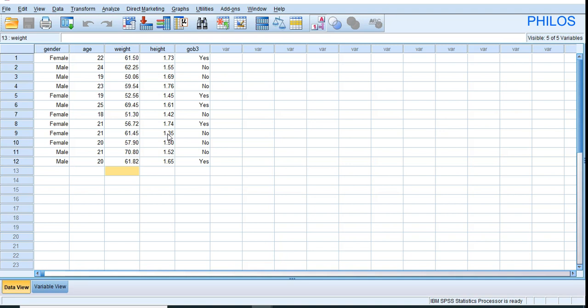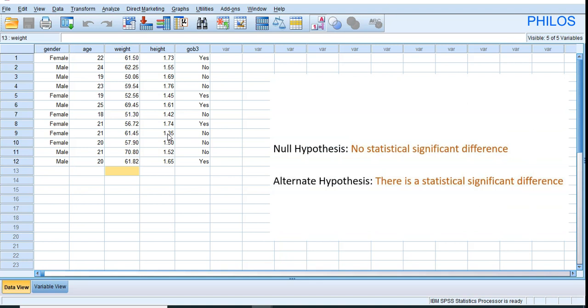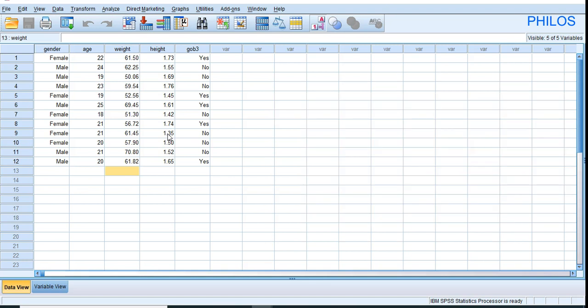That's what we are interested in. So the first thing we are going to do is to state the null and alternate hypothesis. The null hypothesis, which is H0, says that there is no statistical significance difference. But the H1, which is the alternate hypothesis, says that there is a statistical significance difference. So you can write the null and alternate hypothesis down.